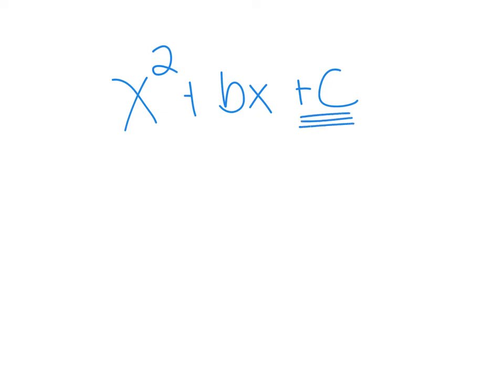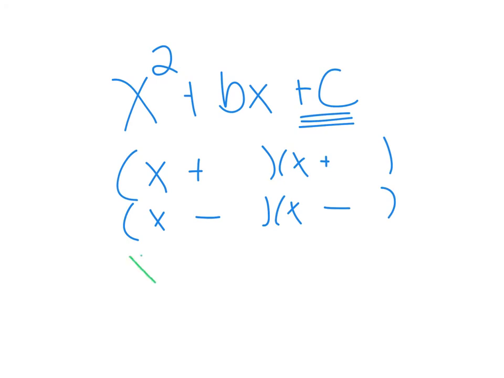So in general, if we have a trinomial with a leading coefficient of 1, and our end term, our coefficient c, is positive, that means our signs will be the same, either both positive or both negative.